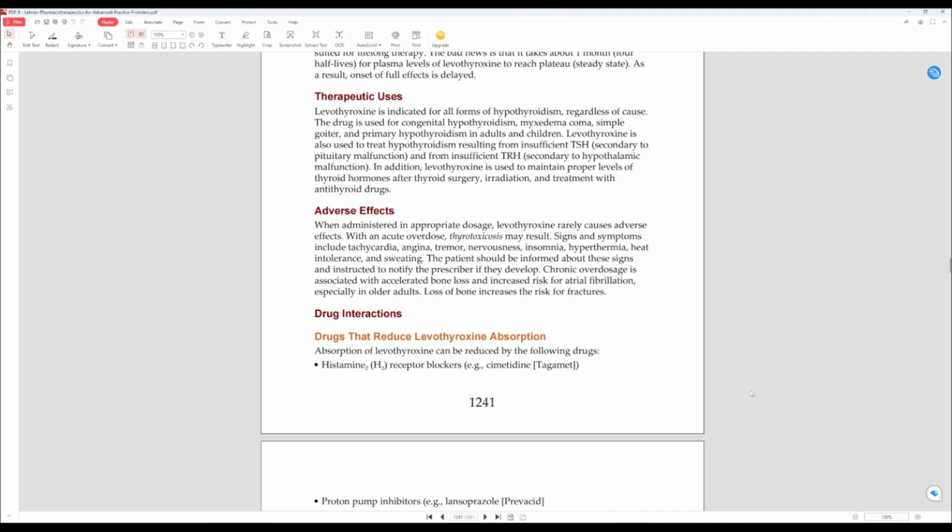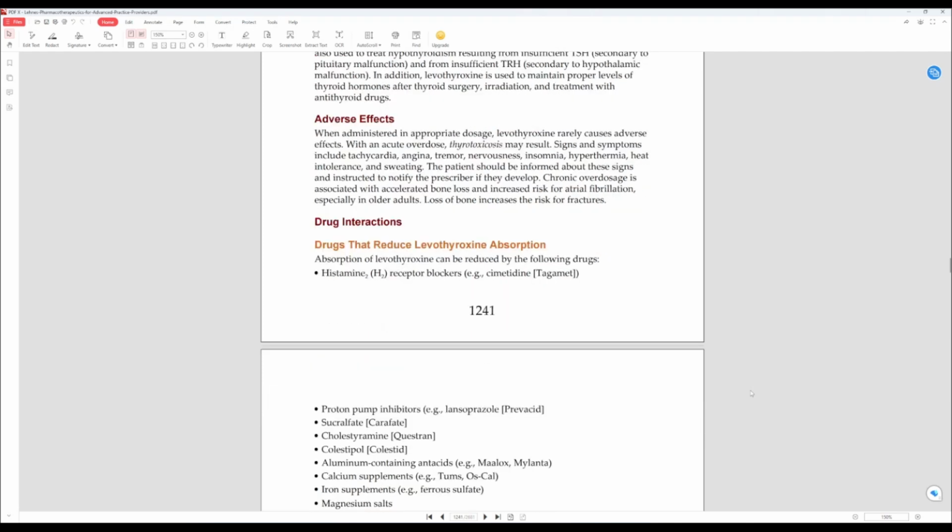Levothyroxine is also used to treat hypothyroidism resulting from insufficient TSH, secondary to a pituitary malfunction, and from insufficient TRH, secondary to hypothalamic malfunction. In addition, levothyroxine can be used to maintain proper levels of thyroid hormones after thyroid surgery, irradiation, and treatment with antithyroid drugs.